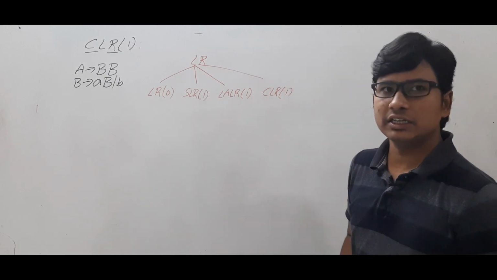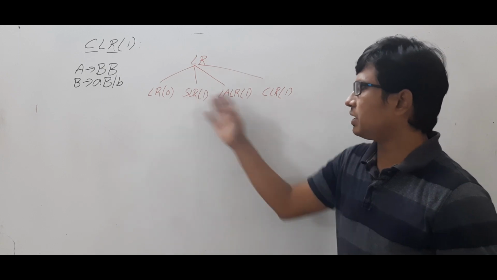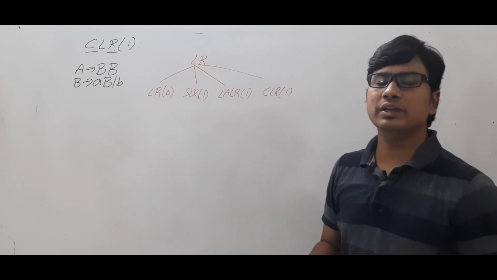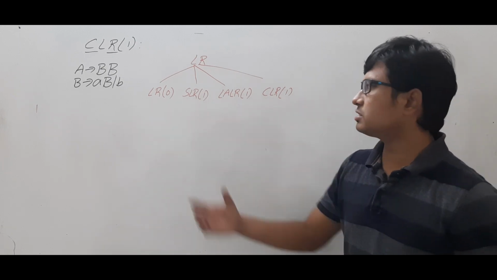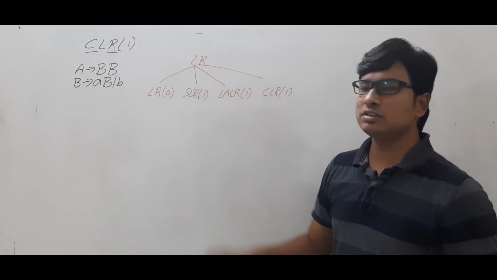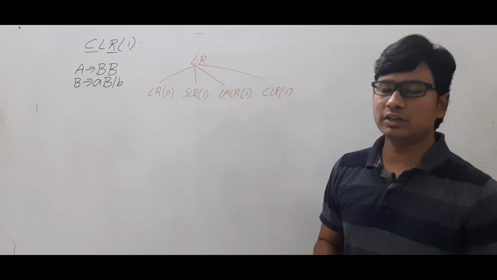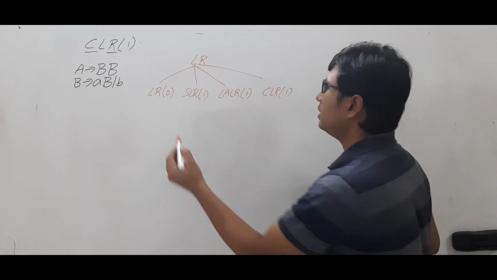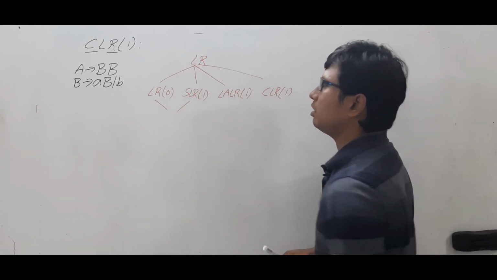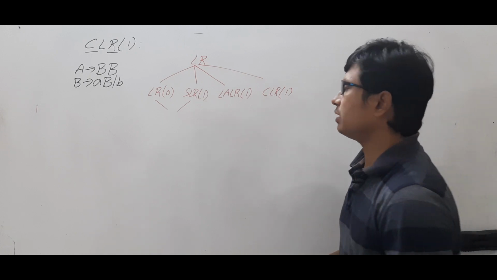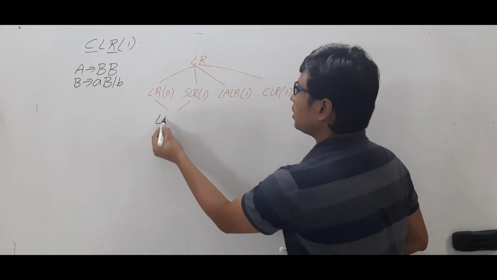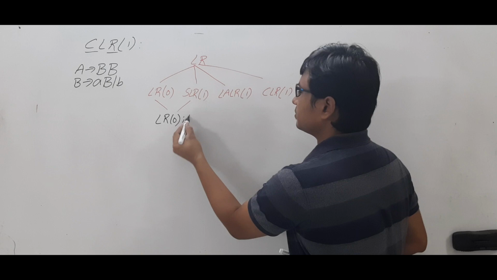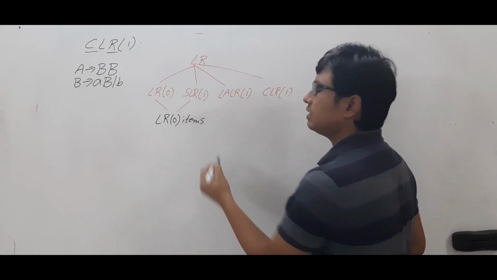Now for constructing the parsing table, each parser will vary only in the parsing table, because the parsing process of all these 4 parsers is the same. We already discussed it. So the only difference you will have is the parsing table. To compute the parsing table of LR0 and SLR1, we need to compute the LR0 items. Will you agree with me or not?